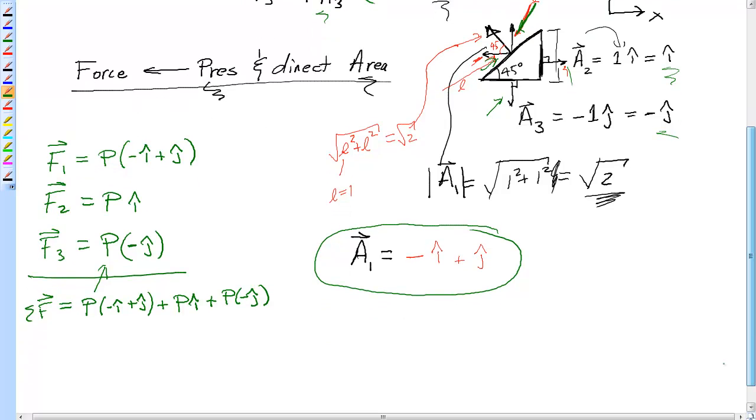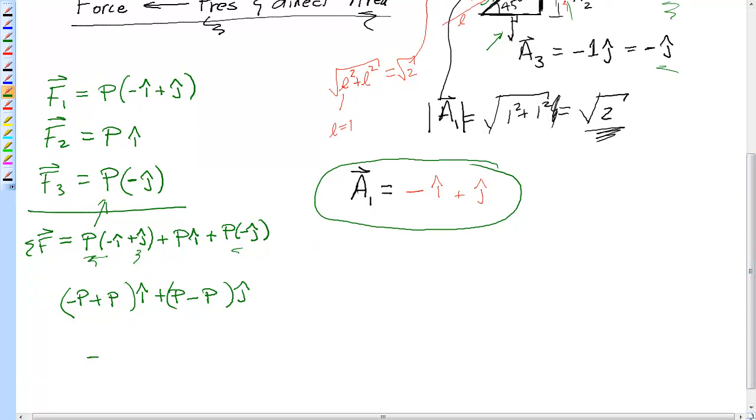As it turns out, the best thing to do is look at it component-wise. You get minus P from this term plus P from that term. You get plus P from this term, and then minus P from that. So essentially you get 0.